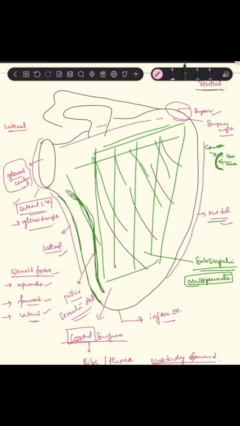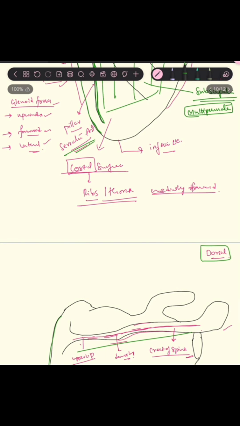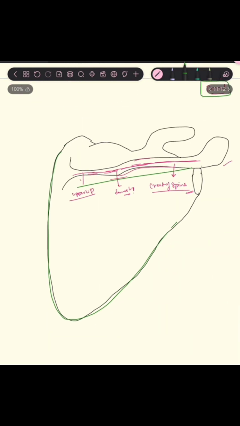That ridge is acting as a pillar for the serratus anterior muscle. The serratus anterior muscle is actually a chest muscle, right? This serratus anterior muscle is inserted into the scapula. It does not originate from the scapula, it is only inserted into the scapula. We'll be learning it later.